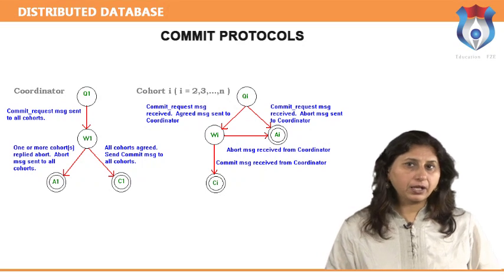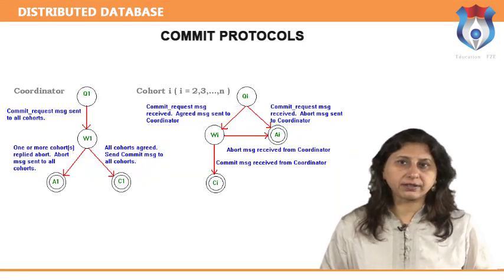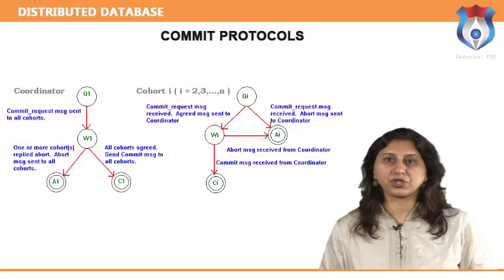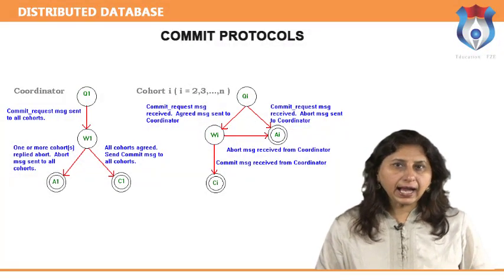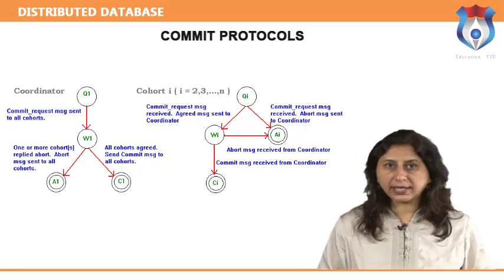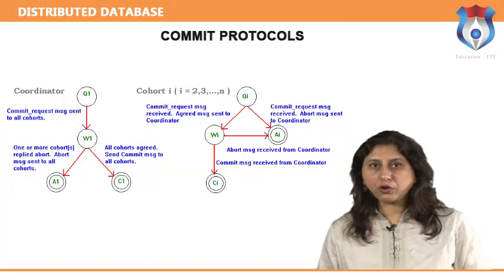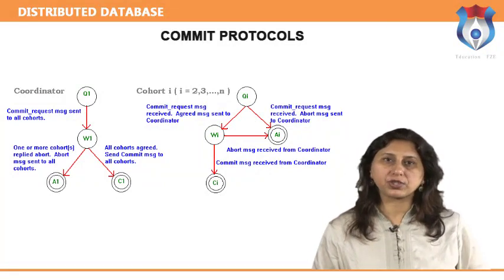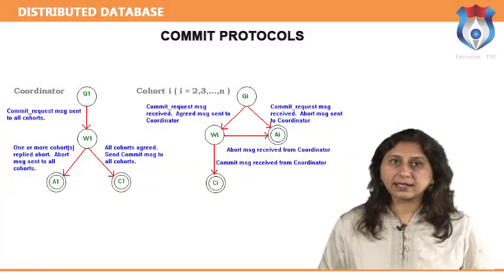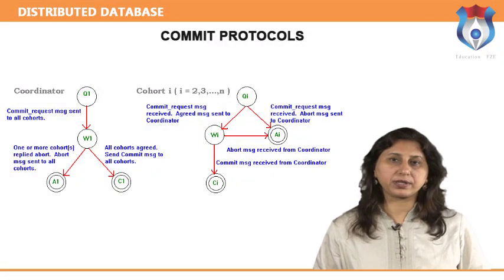Phase 1. Obtaining a decision. Coordinator asks all participants to prepare to commit transaction Ti. Ci adds the record <prepare T> to the log and forces the log to stable storage. It sends prepare T messages to all sites at which T executed.